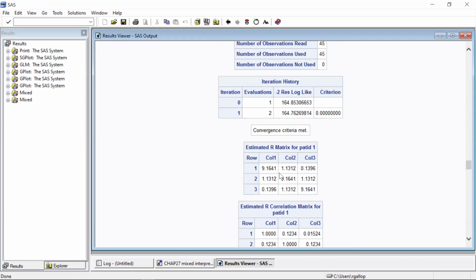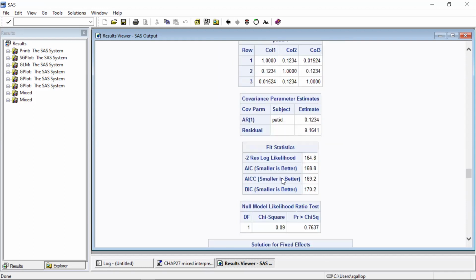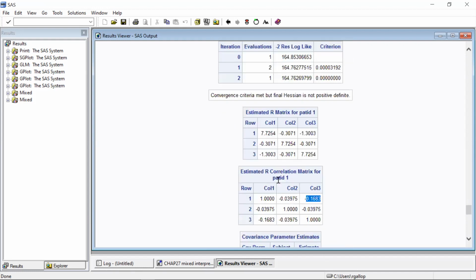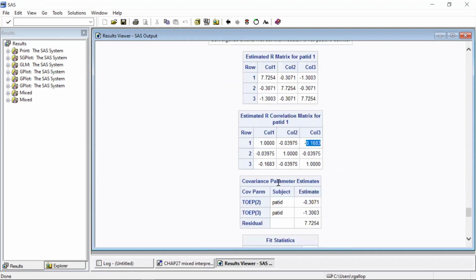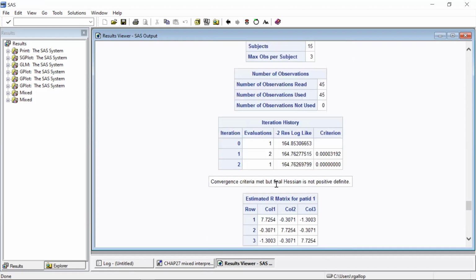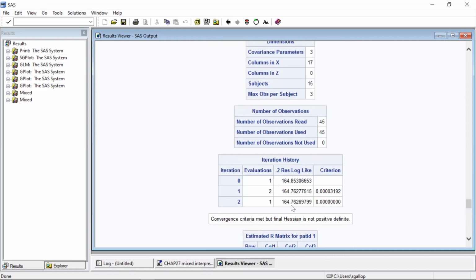My fault, this gives us the autoregressive, 164.762698. The Toeplitz, if we go here, is 164.762698.